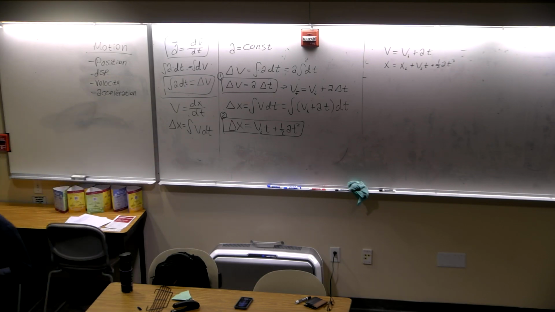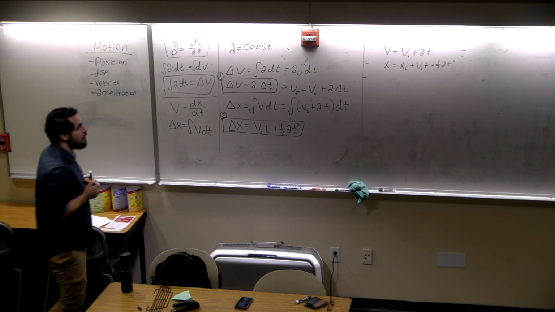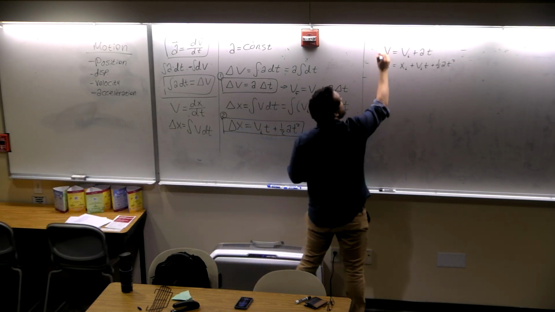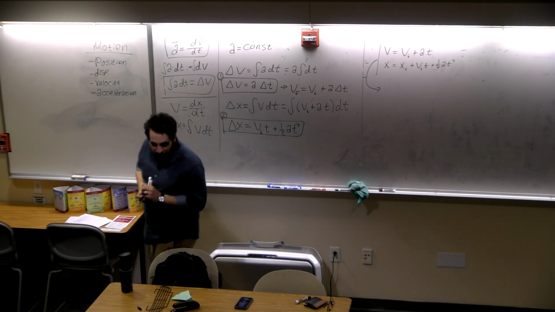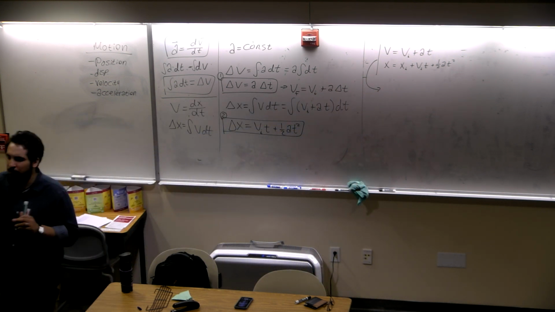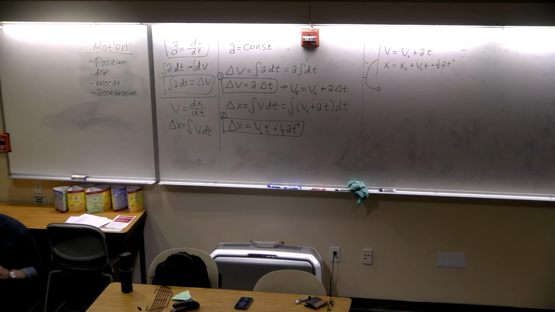From these two equations, we can further derive other equations. We can take these two equations and combine them algebraically to solve for any one of these variables and to cancel them out.